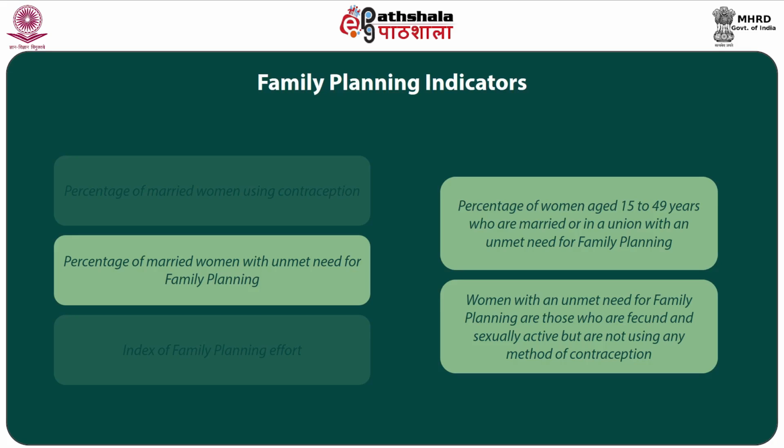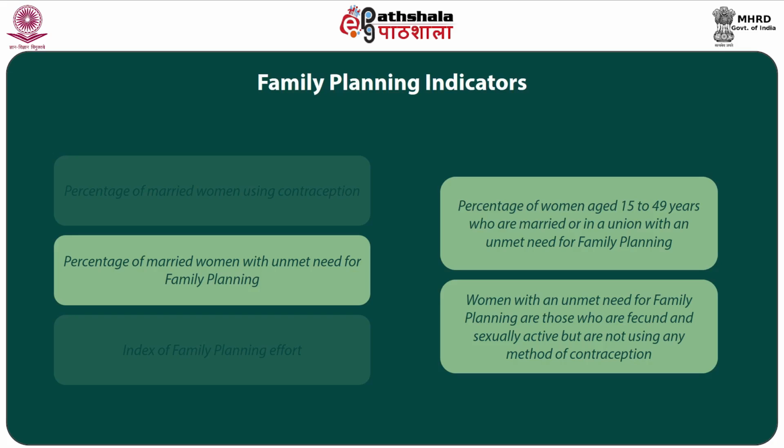That means the women are able to contribute towards childbearing, they are sexually active, but they are not using any method. At the same time, they do not want to have any child, or they want to delay the next pregnancy.